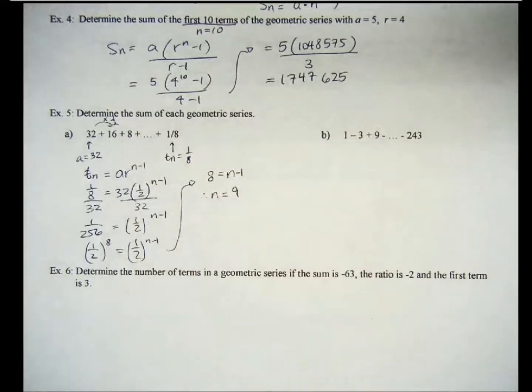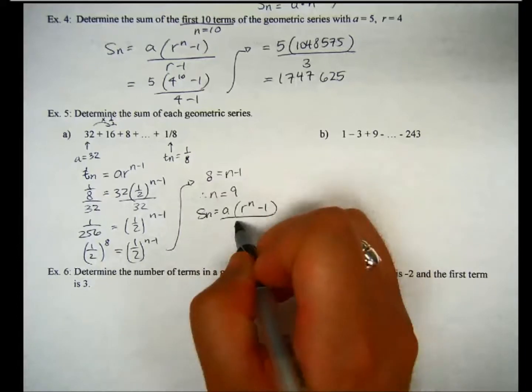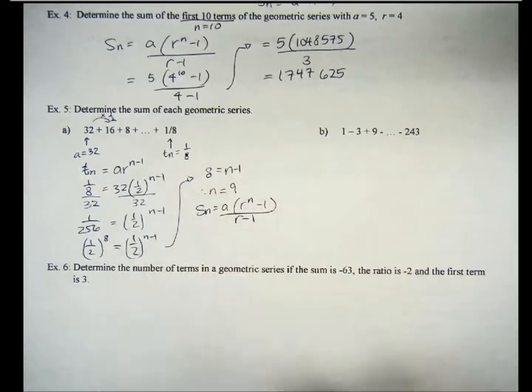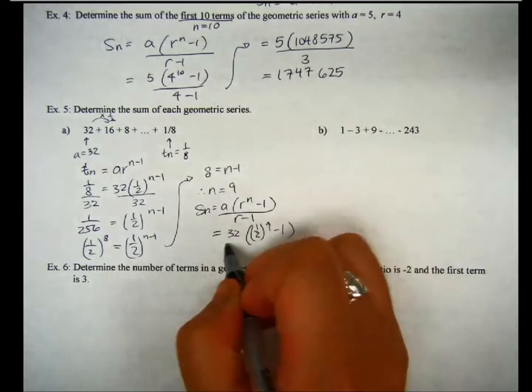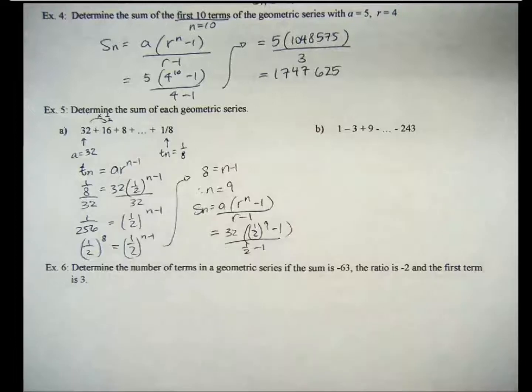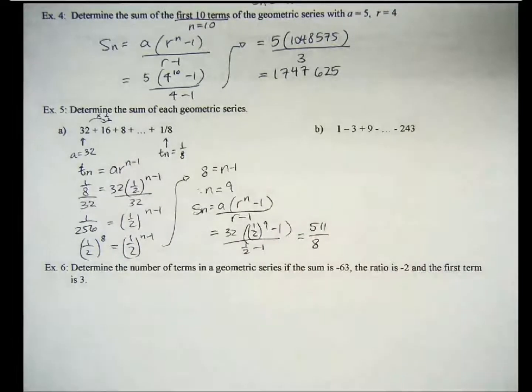There are 9 terms in this series. Now you can use the sum formula and plug in everything you know, and you should end up getting 511 over 8. Try the next example on your own.